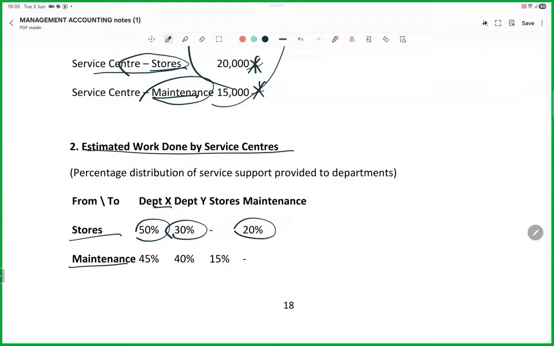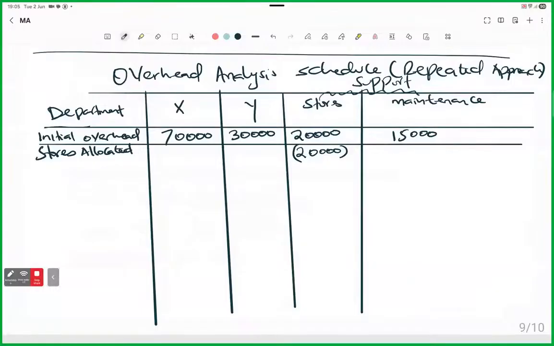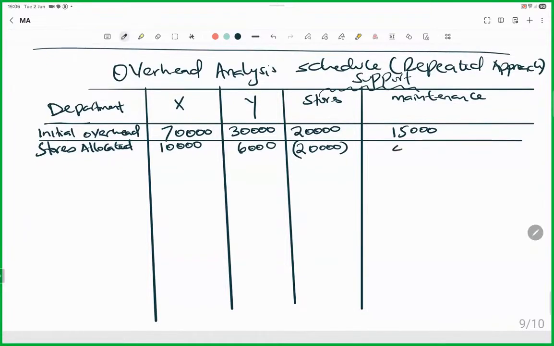So 50% of 20,000 is 10,000. Y is 30% of 20,000, which is 6,000, and that goes to Y. And for maintenance, 20% of 20,000 is 4,000.